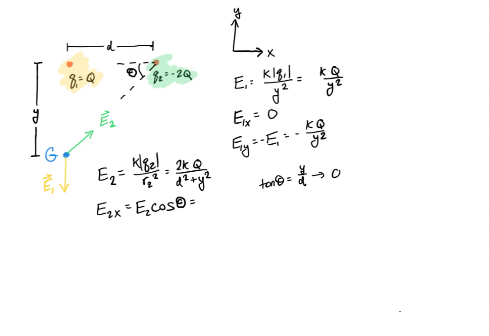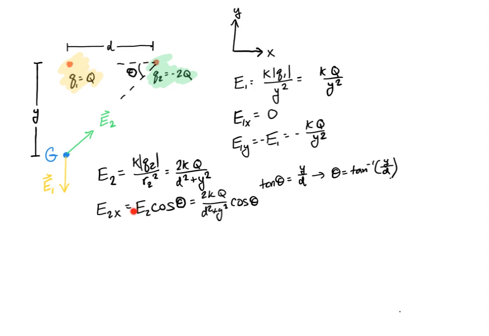And so this tells us that theta is equal to the inverse tangent of y over d. I'm just going to leave that as this. I'm not going to plug this whole thing into here. We can calculate this. If I give you values of y and d, we can find an angle. But I am going to simply write this as 2kq over d squared plus y squared times the cosine of theta.